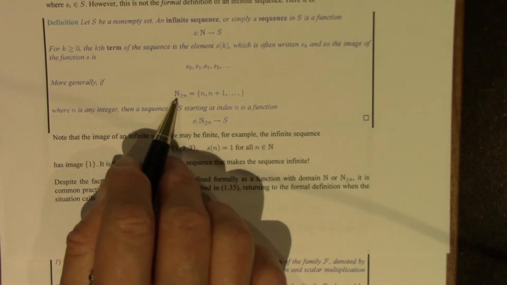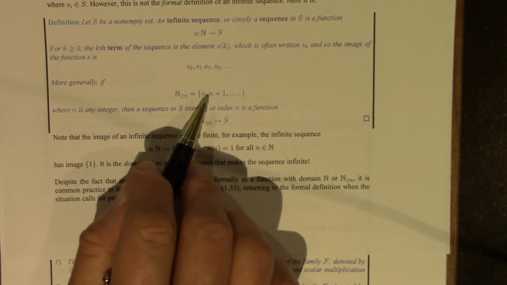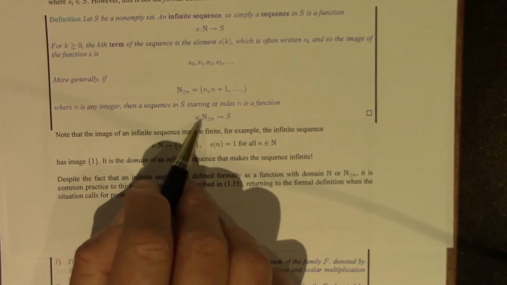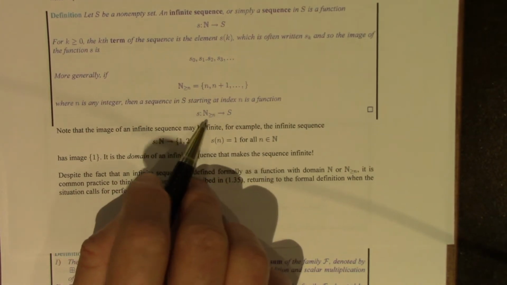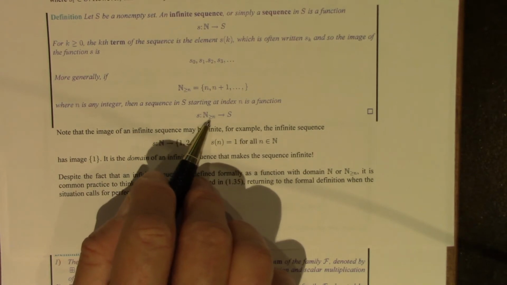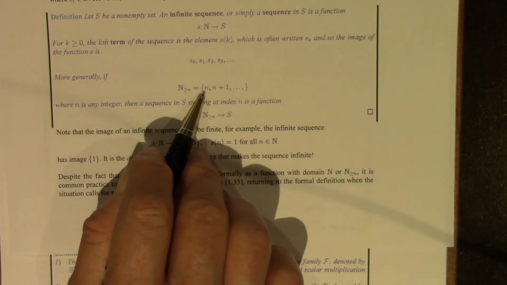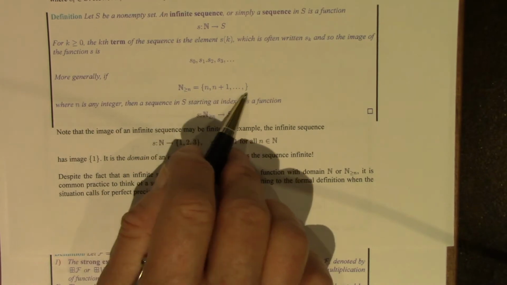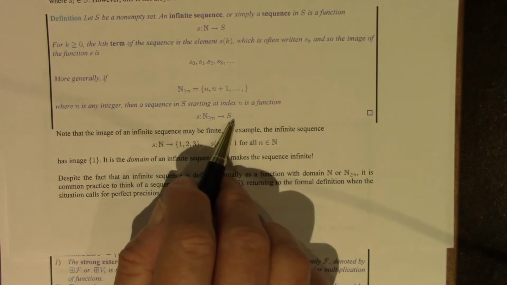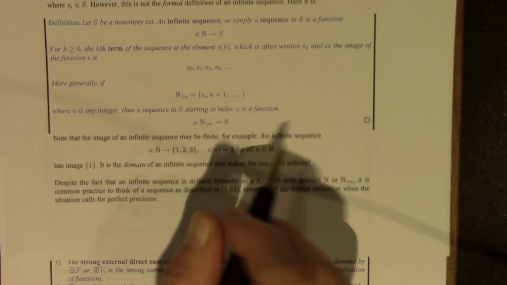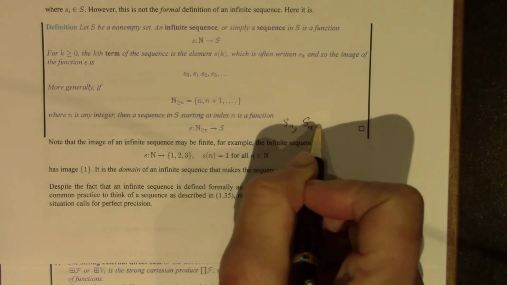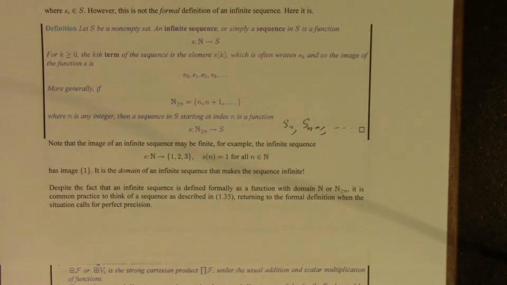And we can start an infinite sequence at a different index simply by defining it as a function from a different domain here. Say, for example, the domain that consists of the natural numbers bigger than or equal to n, and mapping into the set S. So this would be written little s sub n, little s sub n plus 1, and so on.